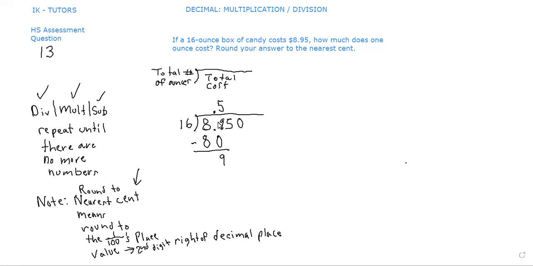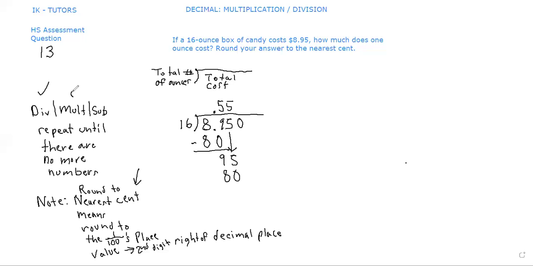So now we're going to repeat. We have more digits to the right, so we bring down the next digit, which is 5. We divide 16 into 95. Let's clear our check marks because we're going for another round. 16 goes into 95 5 times. That's division. 5 times 16 is 80.